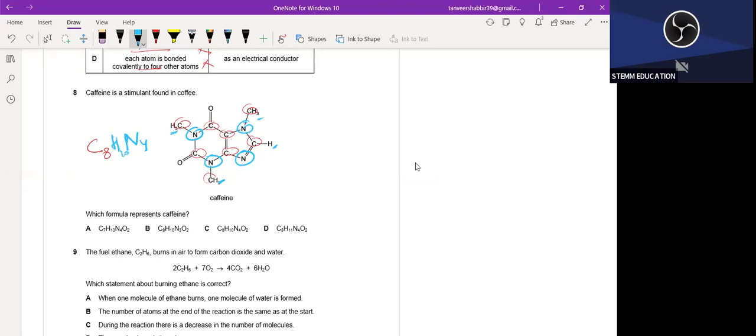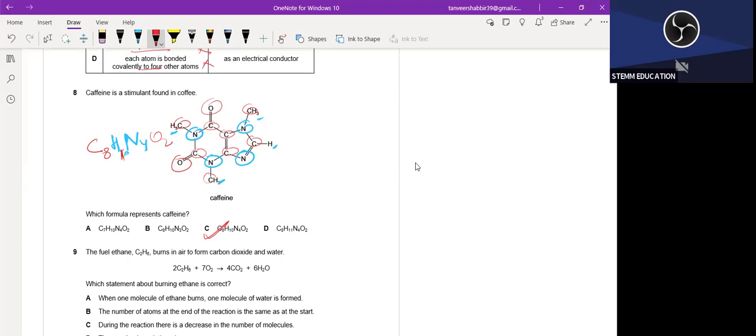And oxygen atoms: 1 and 2. So C8H10N4O2. This is the correct answer. C is the correct answer.